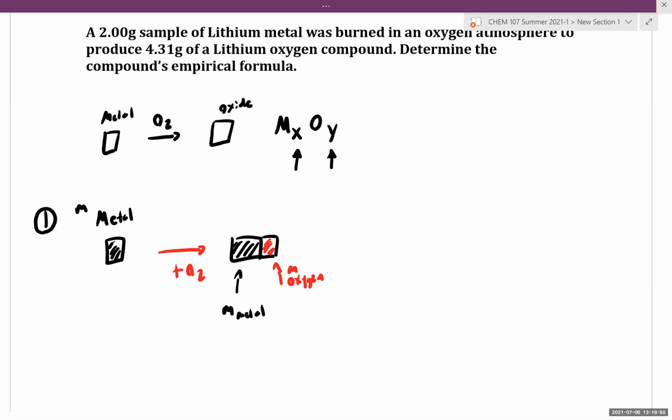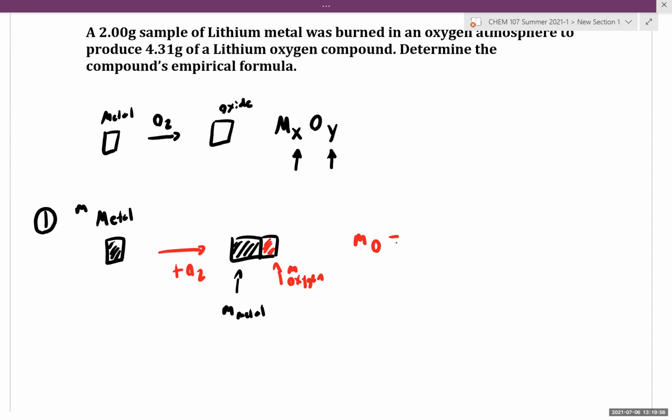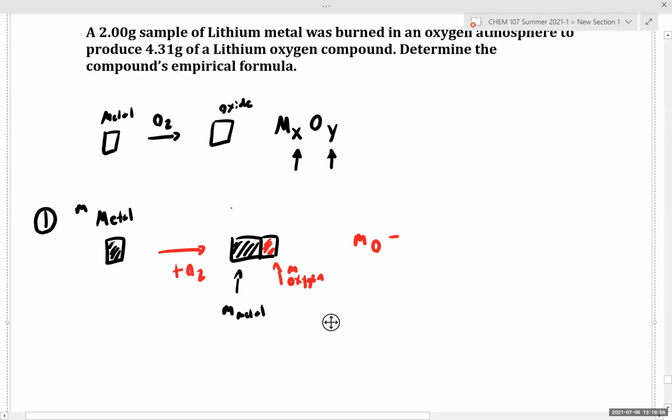From this picture, we can solve for the mass of oxygen by taking the mass of our metal oxide minus the mass of metal.